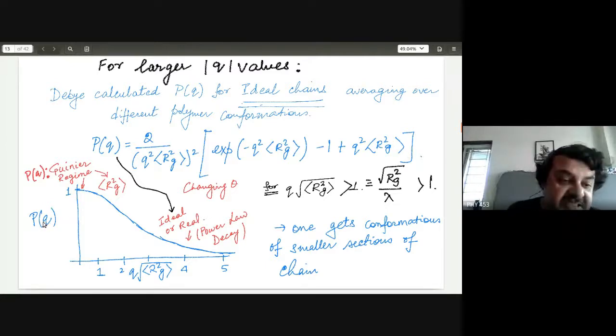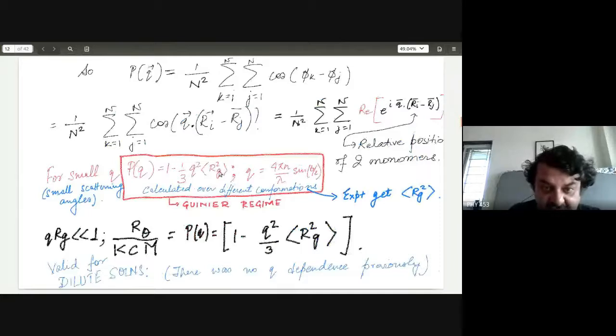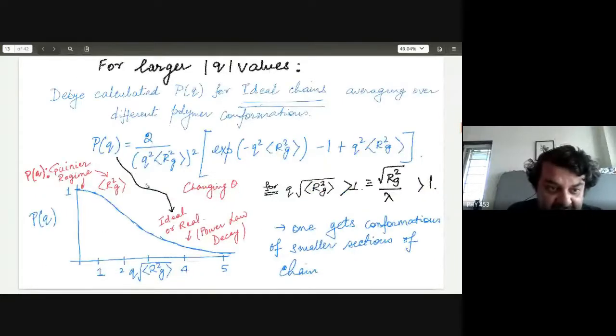Now, if you measure P(q) and change the angle so that you keep changing q, and plot P(q) versus q Rg squared, you can do a fitting and get it out, because for small q you can already get an idea of Rg squared.